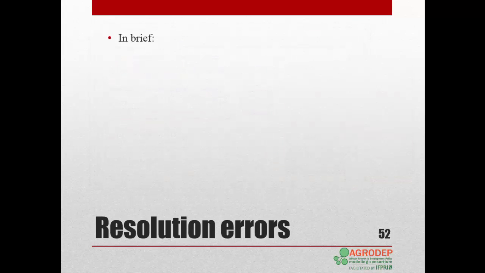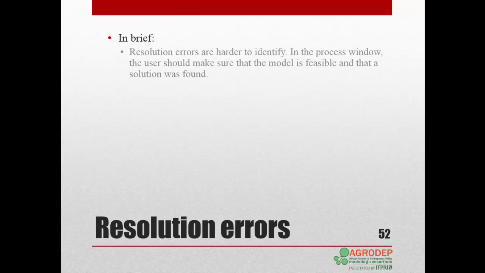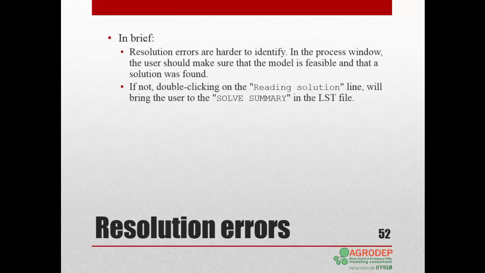In summary, resolution errors are harder to identify. In the process window, the user should make sure that the model is feasible and that a solution was found. If not, double-clicking on the Reading Solution line will bring the user to the solve summary in the list file.